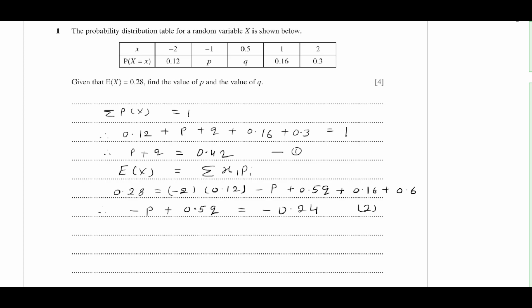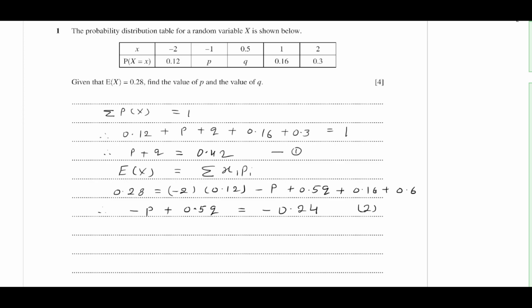Okay, so simultaneously we solve these two equations. Our first equation is p plus q is equal to 0.42 and the second equation is minus p plus 0.5q is equal to minus 0.24.